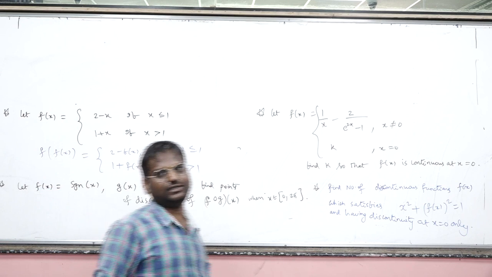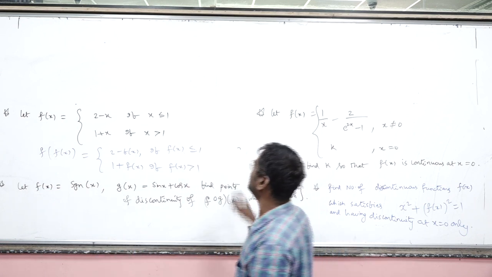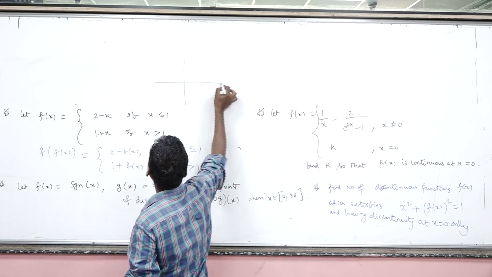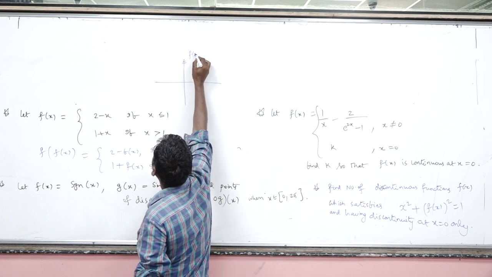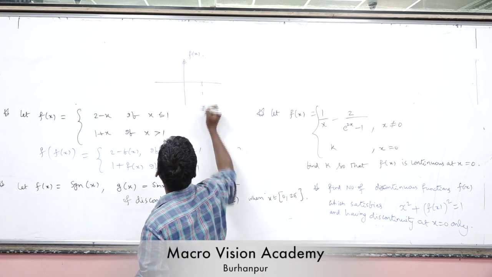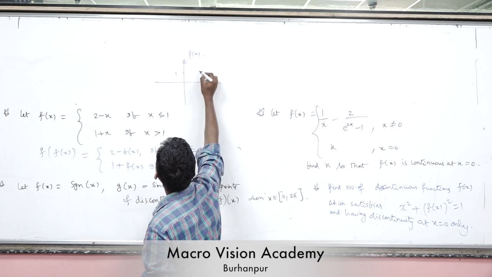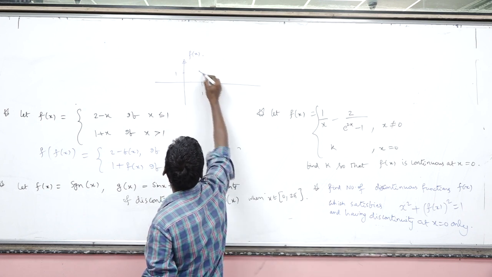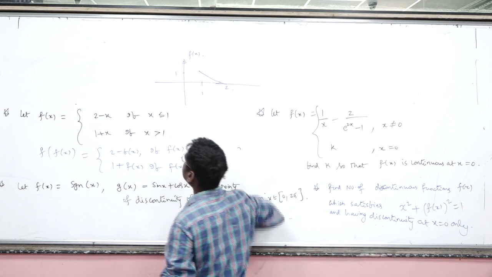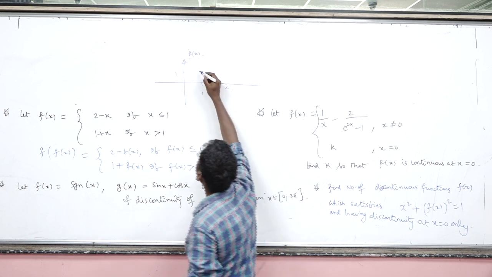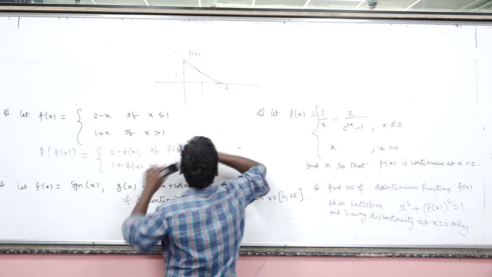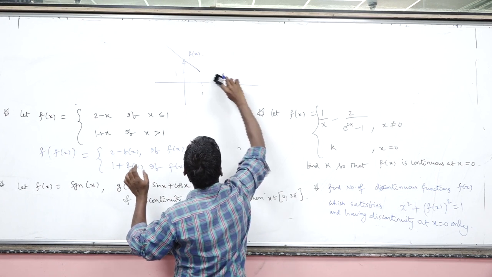To decide this, we need to draw the graph of f of x. So f of x is 2 minus x if x less than or equal to 1; at x equal to 1 it is 1, and at x equal to 2 it is 0, but since it is less than or equal to 1, you need to draw on this side, not on this side.